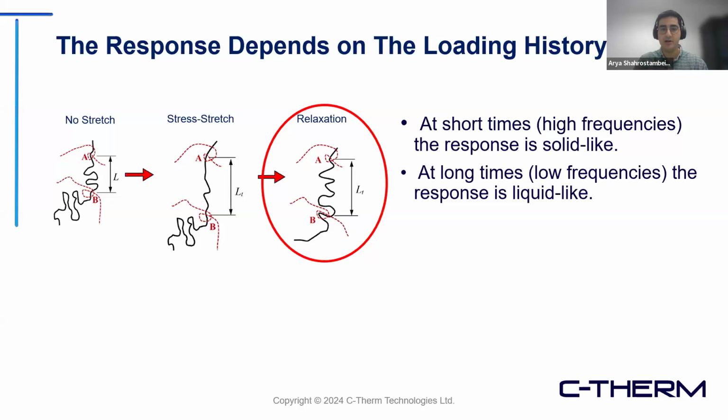Let's say your material is a polymer, and it doesn't get a chance to go back to its original shape. That causes your material to show higher stiffness properties. By applying higher frequencies, higher deformation, your material becomes stiffer and behaves like a stiffer material. On the other hand, by applying lower frequencies, you're providing enough time for your material to go through the relaxation time and it behaves less stiff.